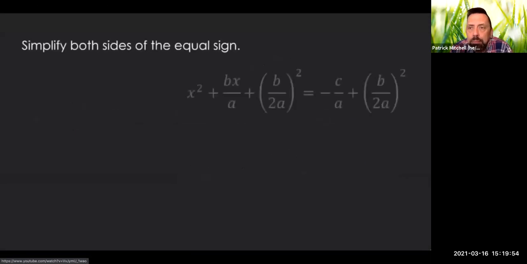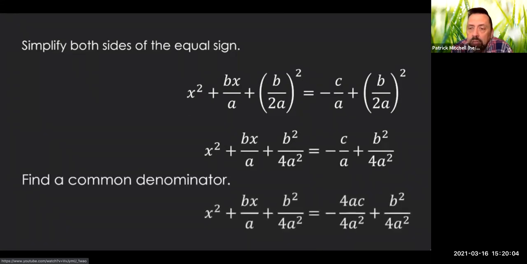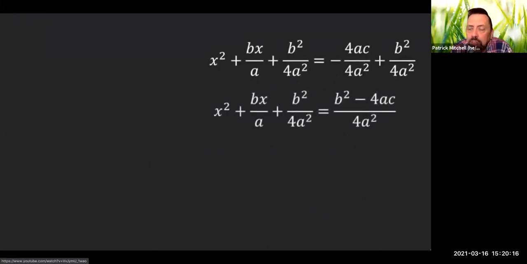Now we're going to simplify both sides of the equal sign, applying that square to the two fractions and then finding a common denominator so that we can combine the right-hand side. You can see maybe why I didn't want to spend a whole lot of time on this. That gives us the right-hand side is b squared minus 4ac all over 4a squared.